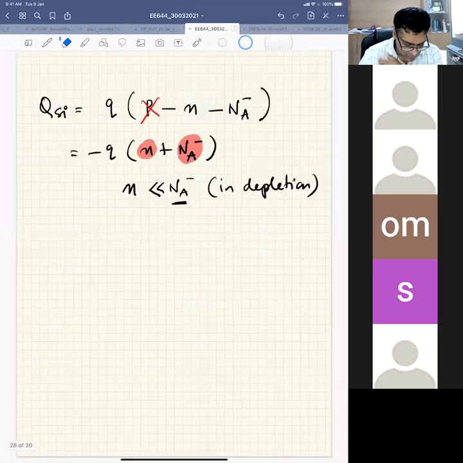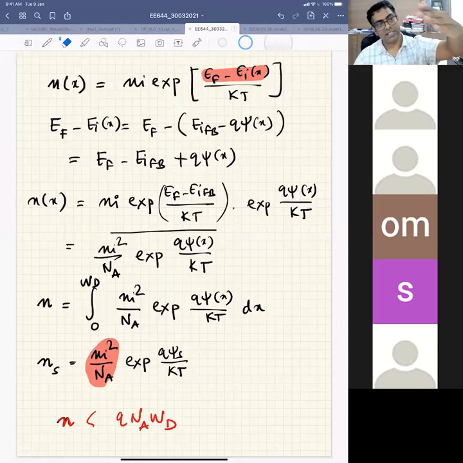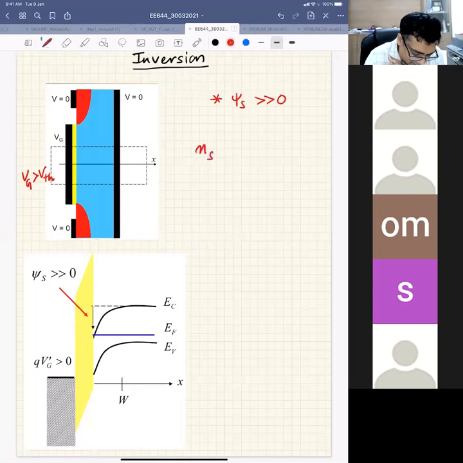So this is the depletion condition, but you could see the number of electrons increases exponentially with psi s. Now if you go on increasing the gate voltage, we saw that the number of electrons at the surface is nothing but ni square by Na times e to the power q psi s by kT.